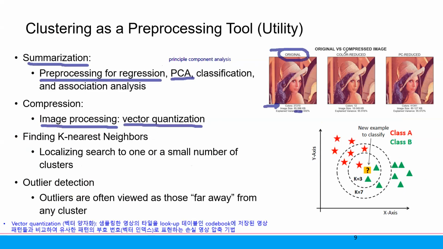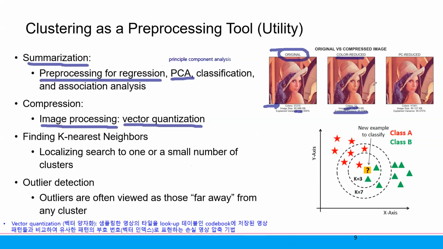We can do clustering, so the color can be reduced. Now the color becomes only 12, and the image size is now reduced. Even though the colors are reduced, we can still see the image.